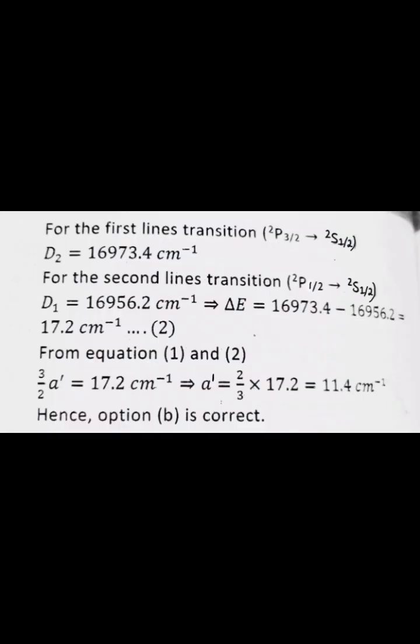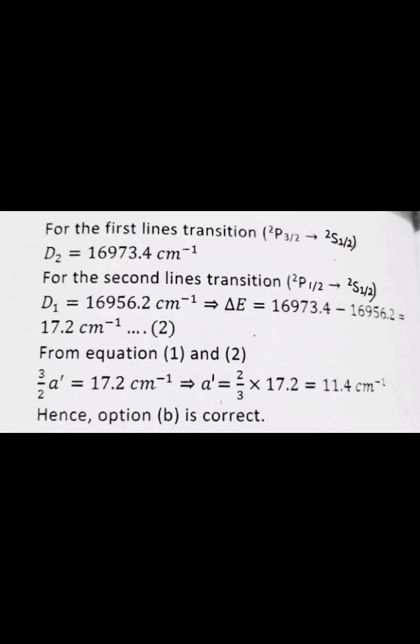For the first line transition, that is the D2 line, that is the transition from 2P 3 by 2 to 2S 1 by 2, the wave number is 16973.4 centimeter inverse. And for the second line transition, that is the D1 line, that is a transition from 2P 1 by 2 to 2S 1 by 2, here the wave number is 16956.2 centimeter inverse.